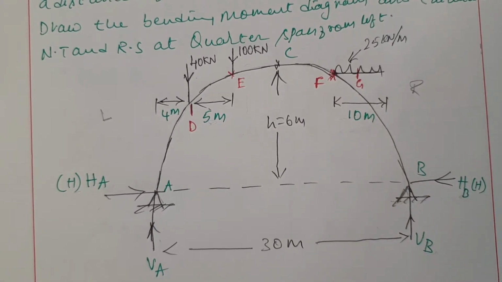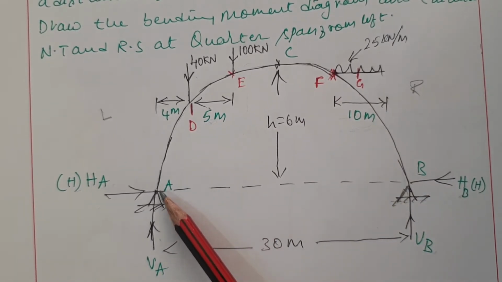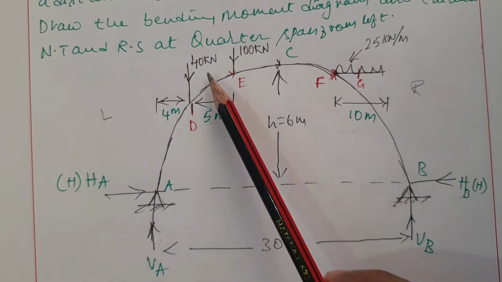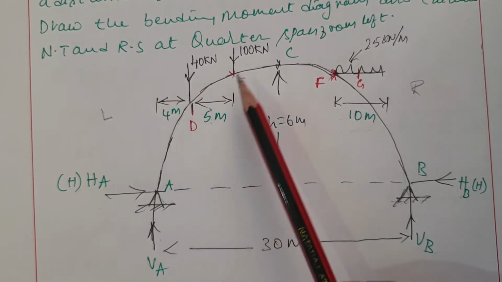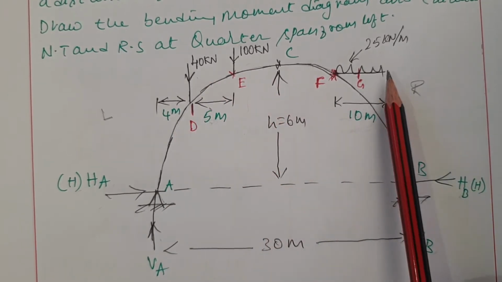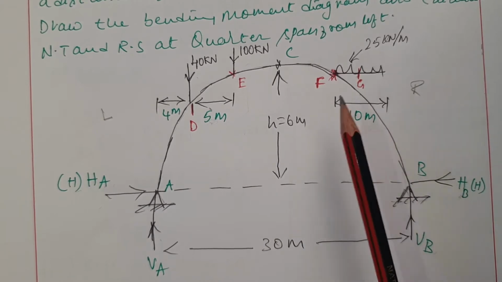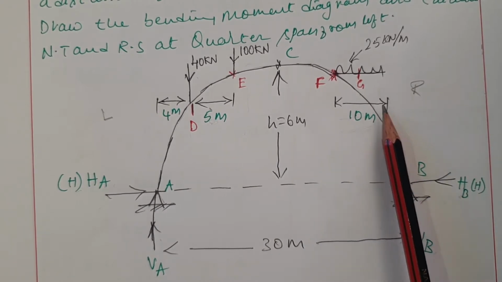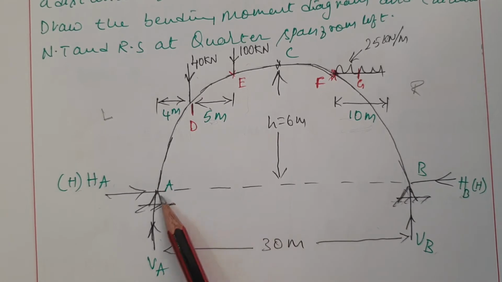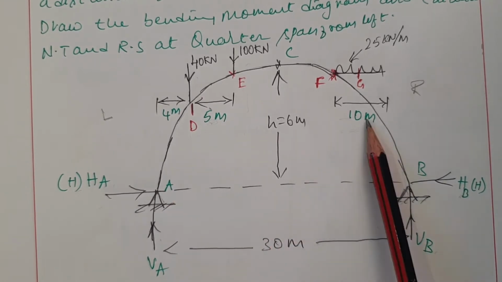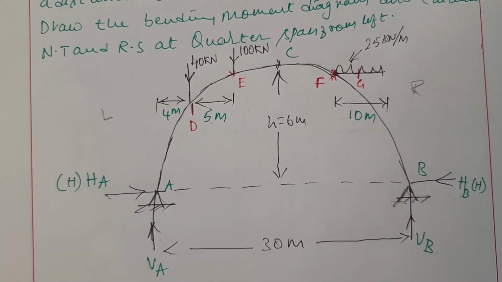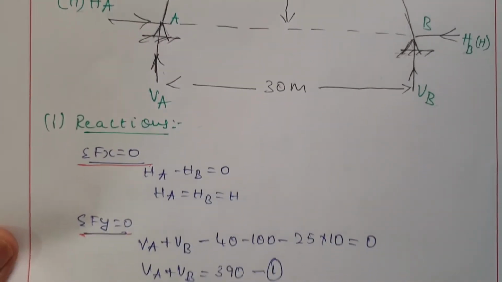Then I am considering moment at A equal to 0: 40 into 4, 100 into 9, and 25 into 10 into the centroidal distance. Here to here it is 20 plus 10 divided by 2. Keep that in mind, and I will explain it here.